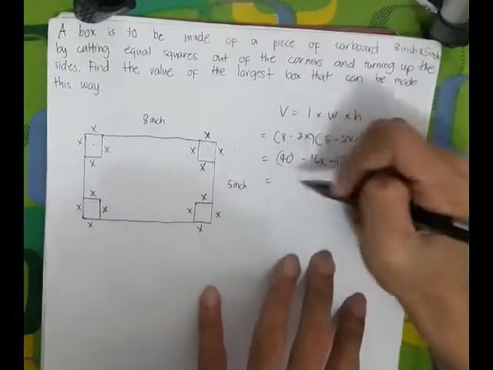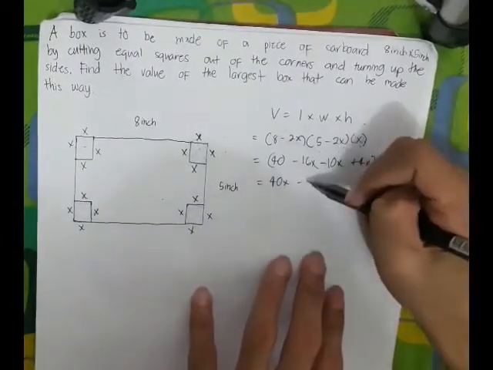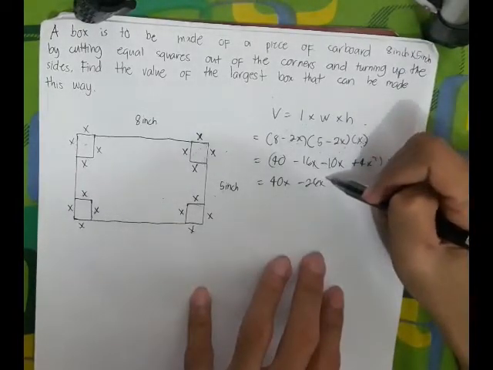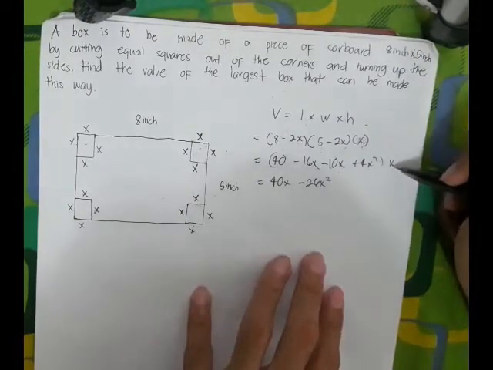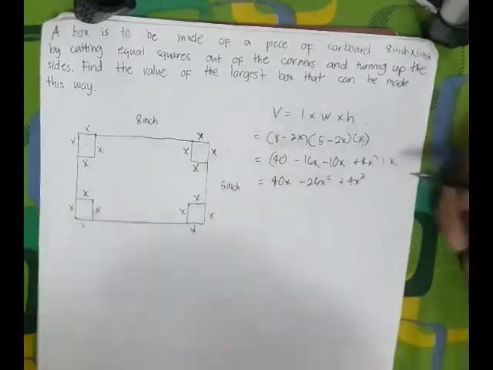It will be 40x minus 26x squared plus 4x cubed.